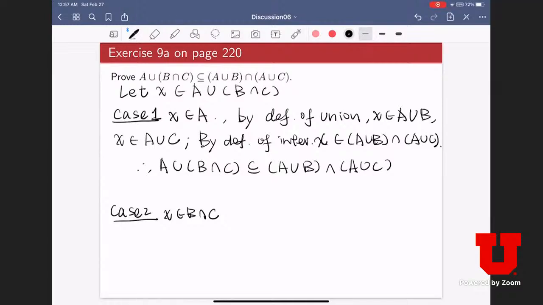I have a question. Are we allowed to say something along the lines of A union B intersection C is actually equal to A union B intersection A union C using the distributive property, and being like, because they are equal, by the definition of equal, they have to be subsets of each other?